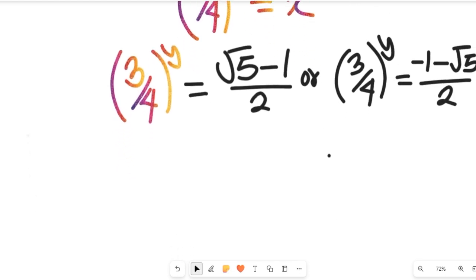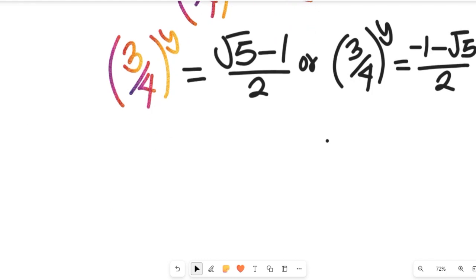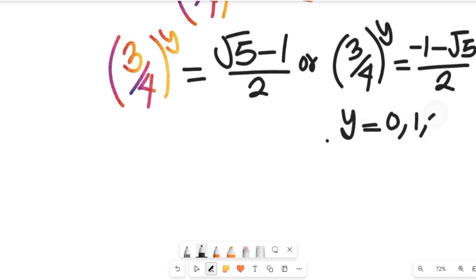So let's consider these two expressions. From the left hand side, you're going to find that for all values of y equal to 0, 1, 2, including negative y, the left hand side will always give you a positive result.